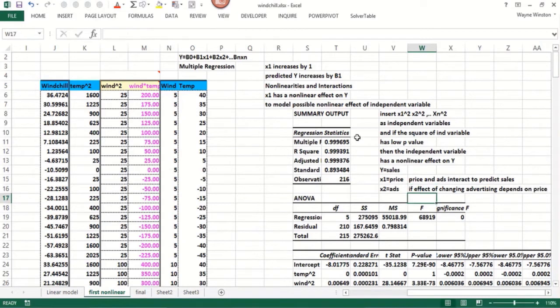So you can see up here, no matter what the value of x1, if it goes up by 1, predicted value of y goes up by b1. It doesn't matter what the other independent variables are.